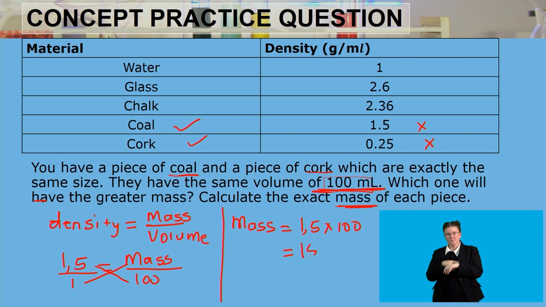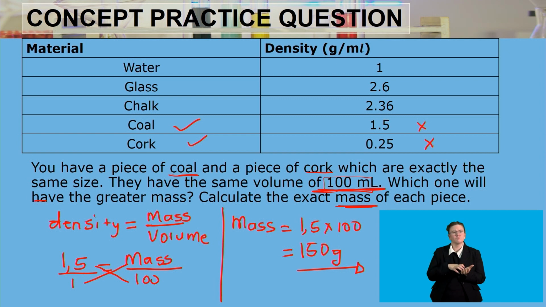So we're going to get an answer of 150 grams. Now, our next part, remember we are supposed to calculate both masses of these two substances. They have different densities, so they will have different masses.